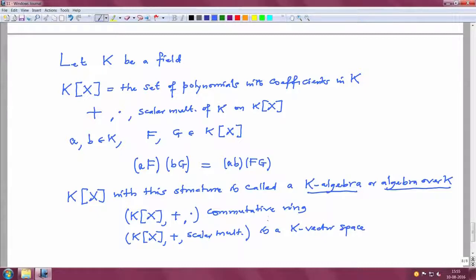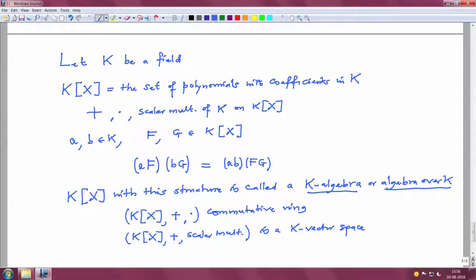And these two structures are compatible: the scalar multiplication is compatible with plus and with the multiplication of polynomials, and the addition in this vector space and addition in this ring are the same. All these together is encoded in one word, saying that it is a K-algebra.